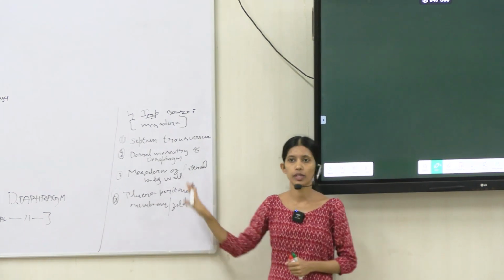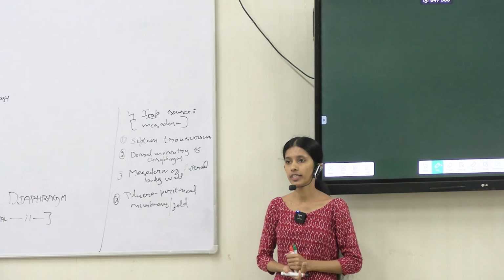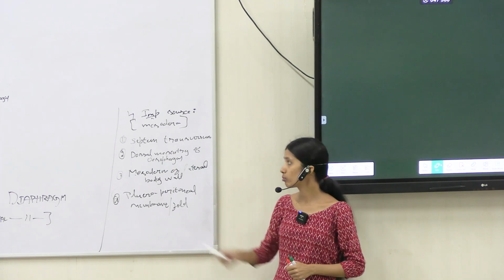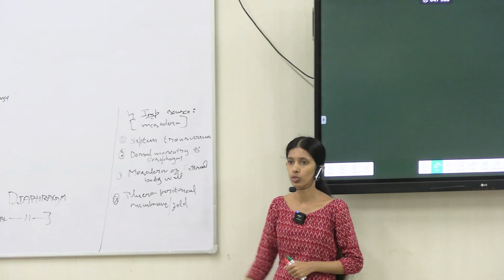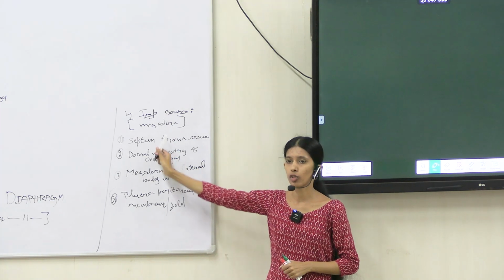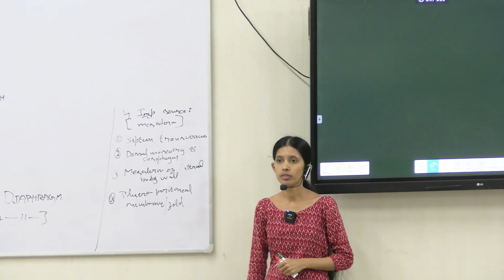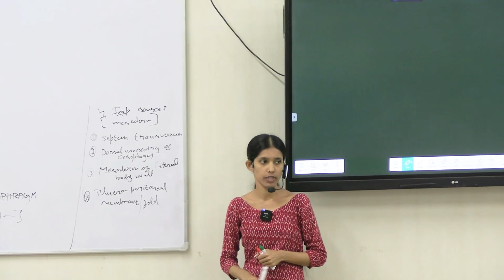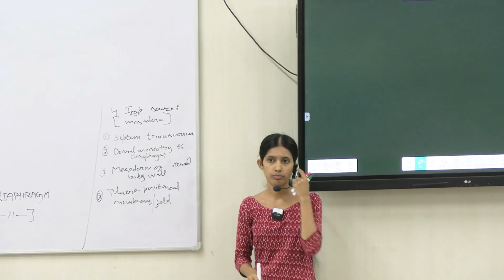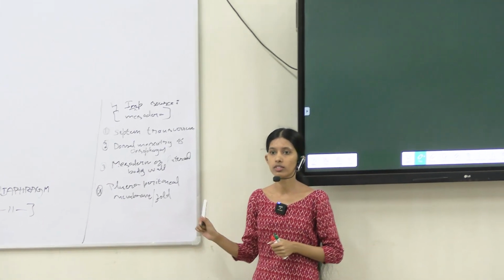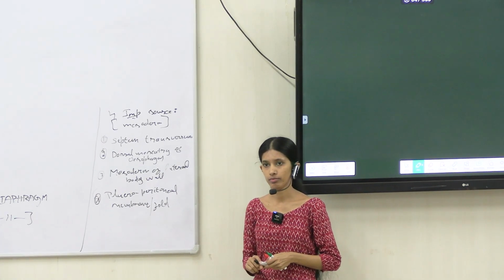These are the 4 important sources for the development of your diaphragm, and all these 4 important sources are derivatives of your mesoderm. Therefore, diaphragm is also mesodermal in origin. Any doubts? Okay.